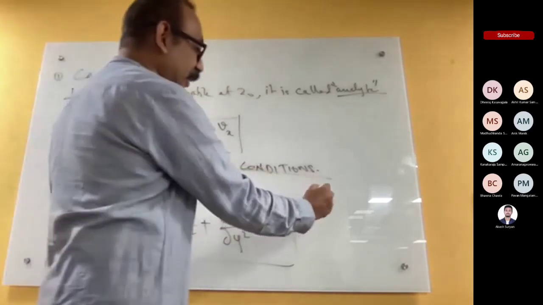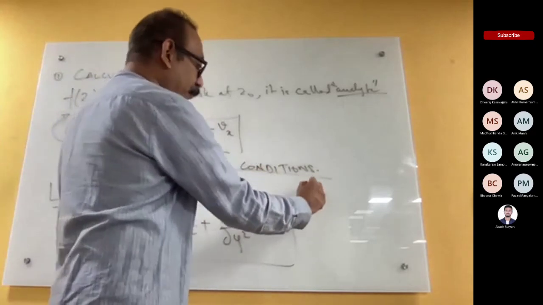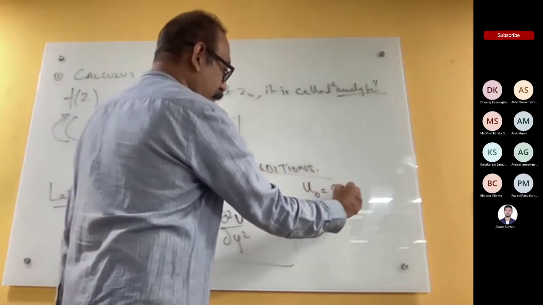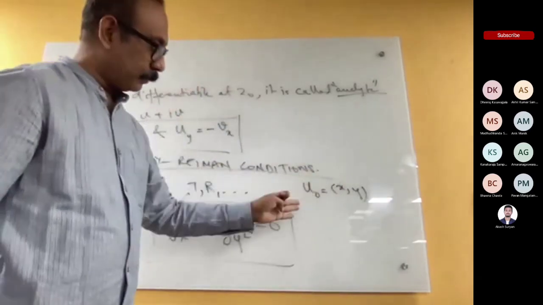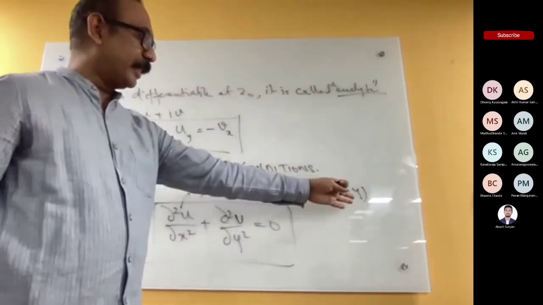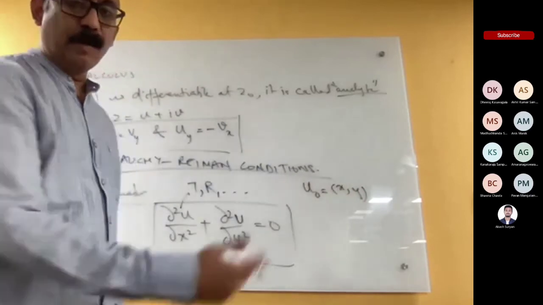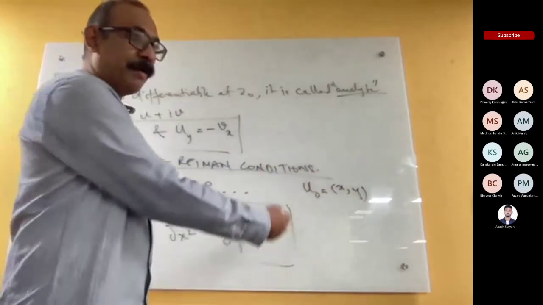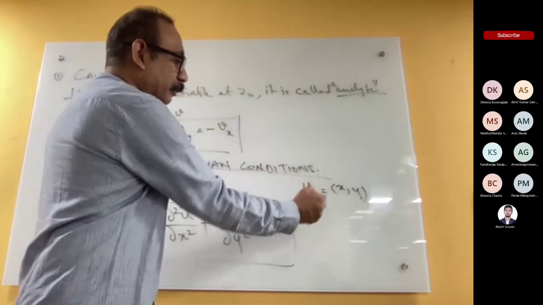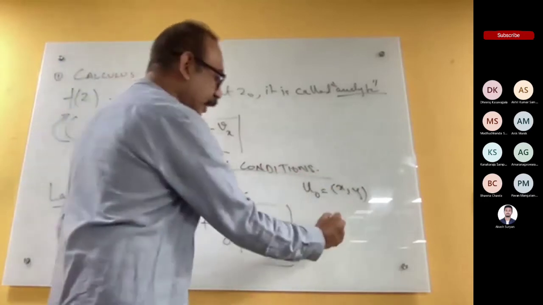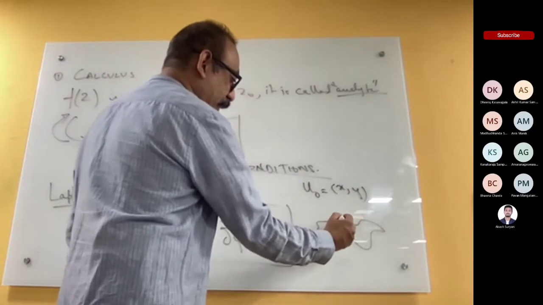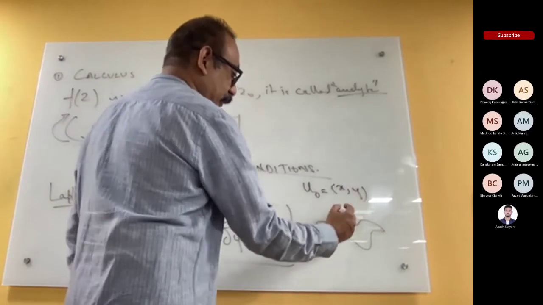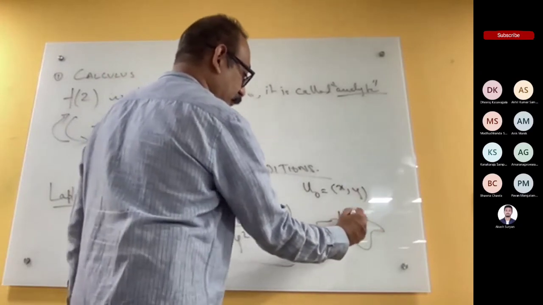So anywhere there is an initial condition where some U naught is given as some function of x and y, and then you have to say that over time I want to understand how this U naught is distributed. If it is heat, you will say on some surface you are given at this point x and y, the temperature is some 100 degrees.